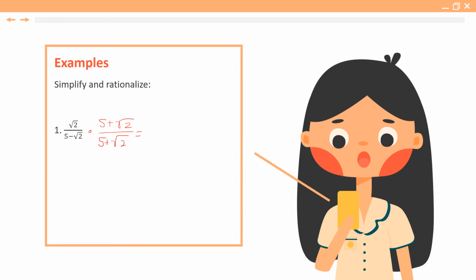It would give us 5 plus square root of 4. And then from the bottom part, we will use the FOIL method.